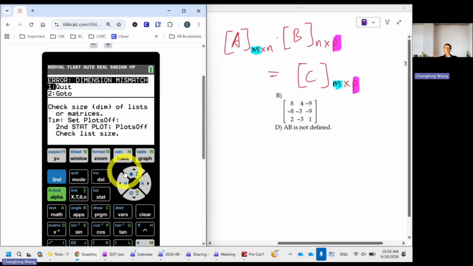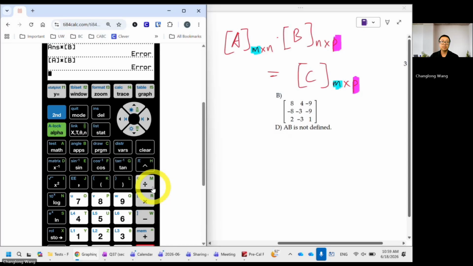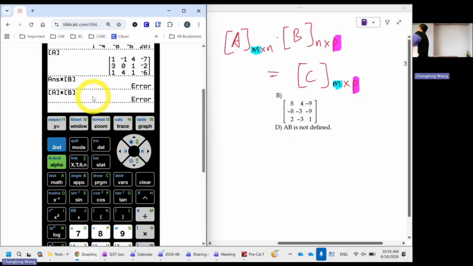I thought I typed in something wrong. I didn't even read. Do you see what it says? Dimension mismatch. And that's exactly what I want to show you. It means the calculator complains. It doesn't work. A times B is not defined, not in this case.